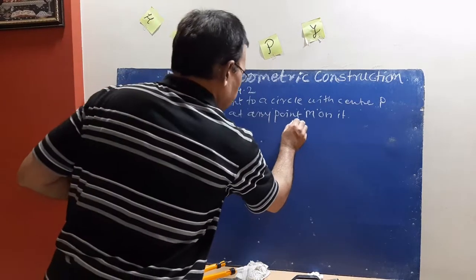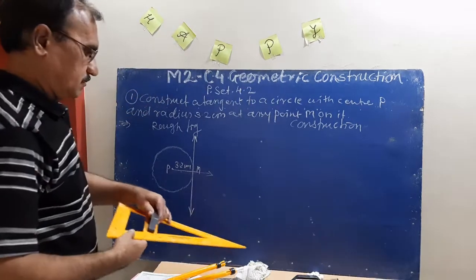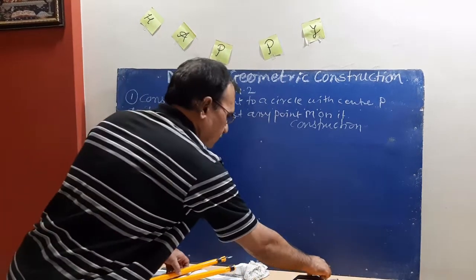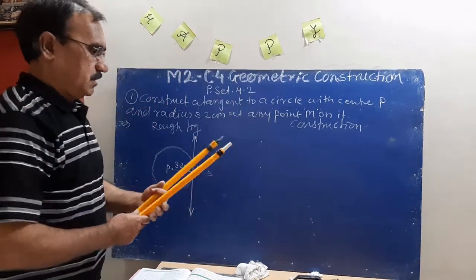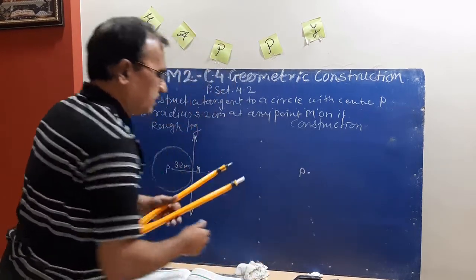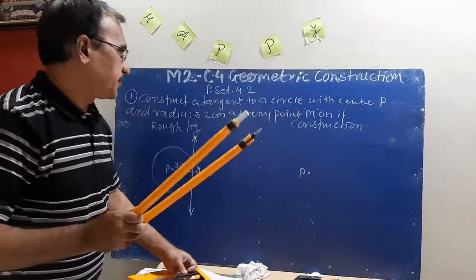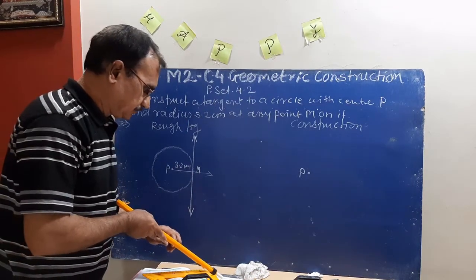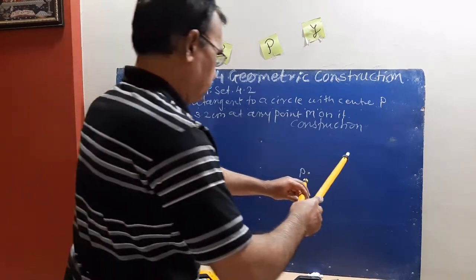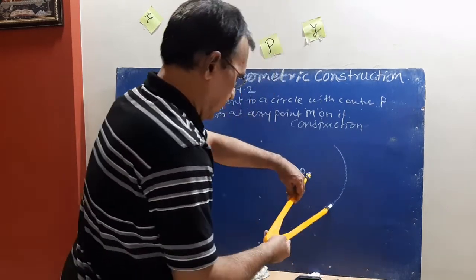Now the construction. Take center P anywhere, then take the radius in this compass with the help of a scale, 3.2 cm, and draw the circle.